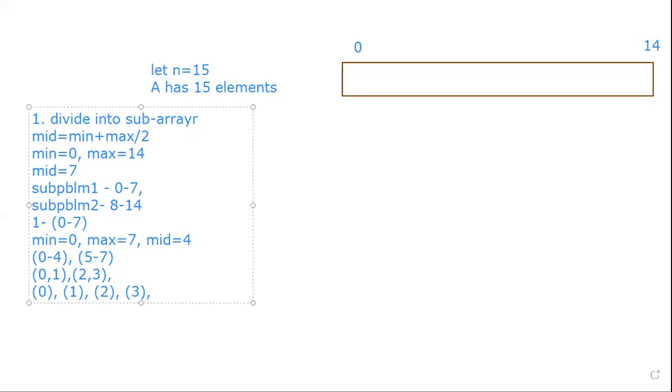So here we need to consider what is the minimum value and what is the maximum value. Three values are there, so we need to take the sixth position: 5 plus 7, which is 12, divided by 2. So we can take the mid value as 6 here.